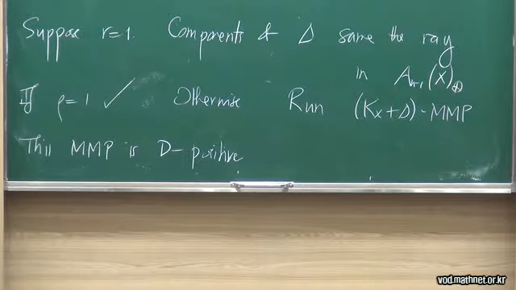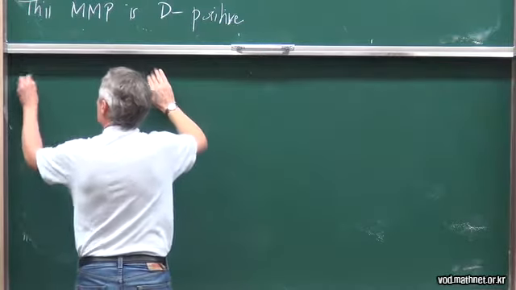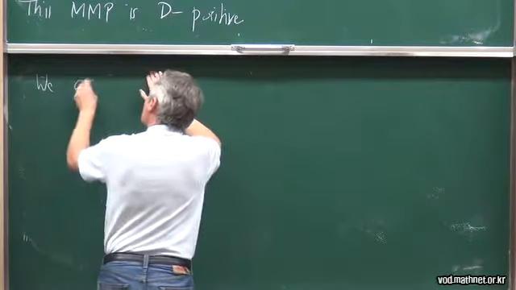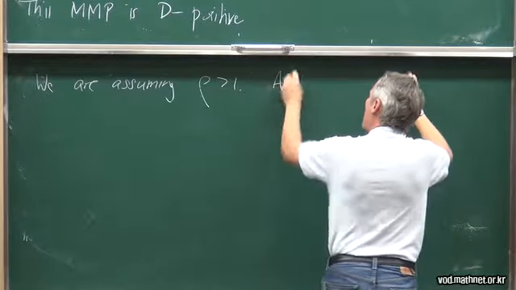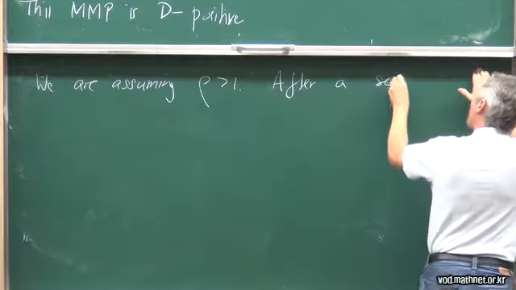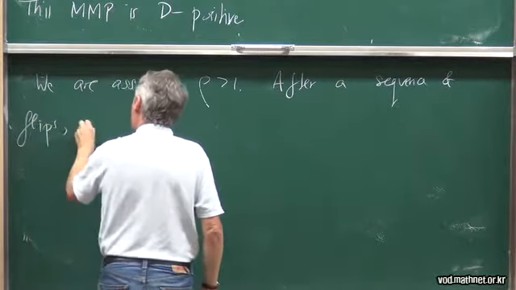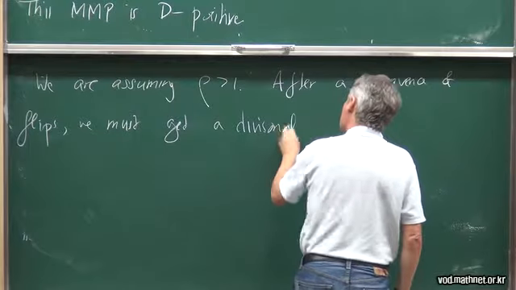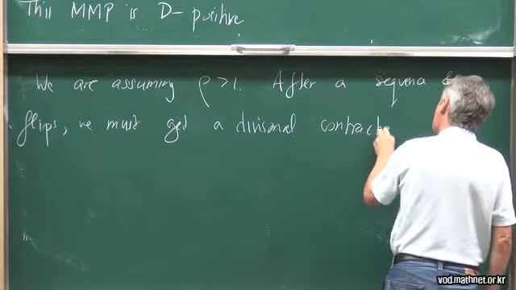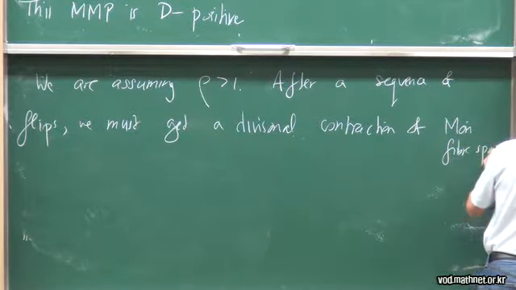But given that that's true, then we're done, because, okay, if you run MMP and the Picard number is bigger than 1, so we're assuming rho is bigger than 1, then after a sequence of flips, we must get a divisorial contraction or a Mori fiber space, which is non-trivial because the Picard number is bigger than 1.